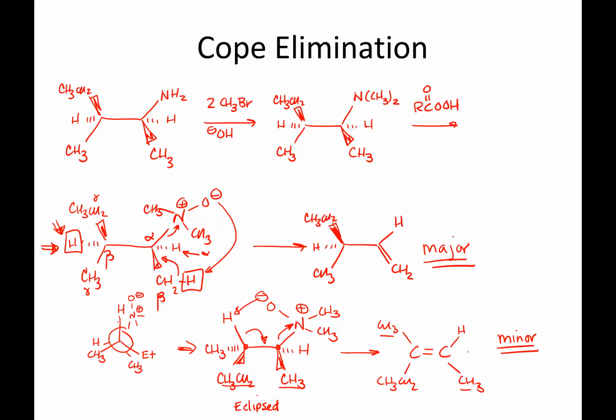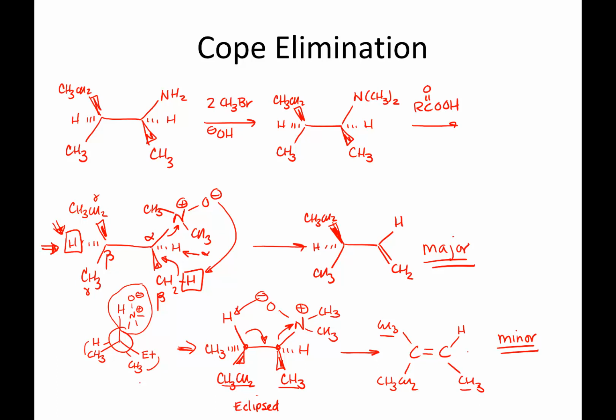And what happens, you can see that as you lose these groups, everything flattens out so that the methyl and hydrogen and the methyl and the ethyl group are the groups that are cis to each other on the double bond. Okay, so that's Cope elimination.